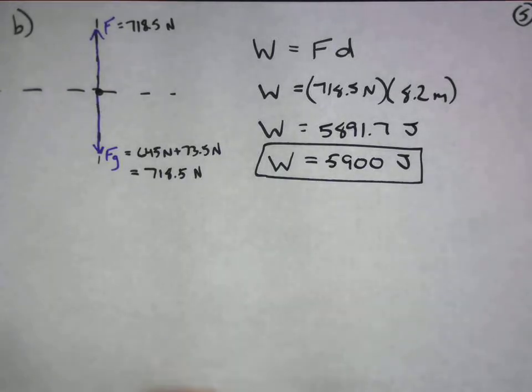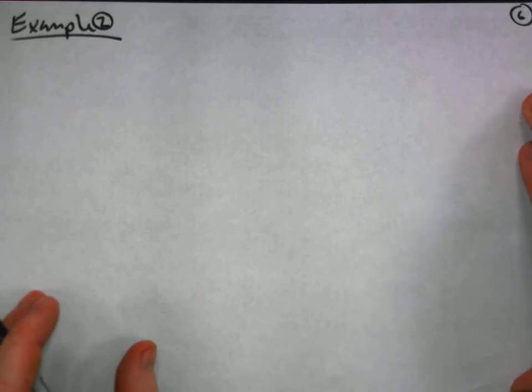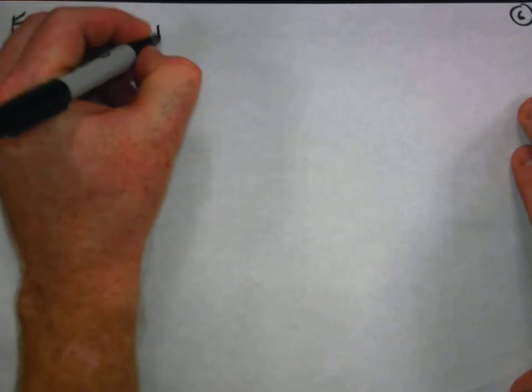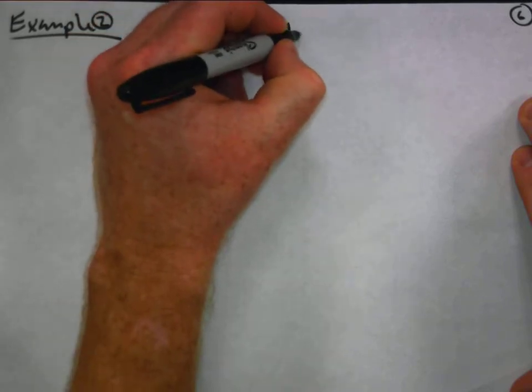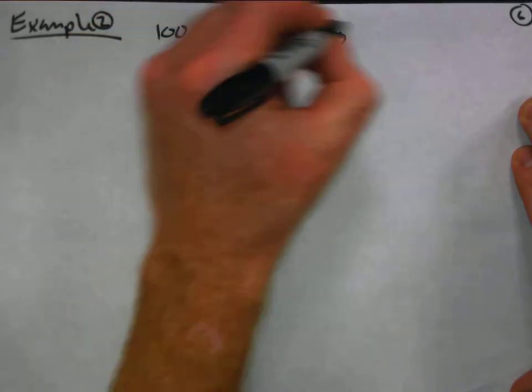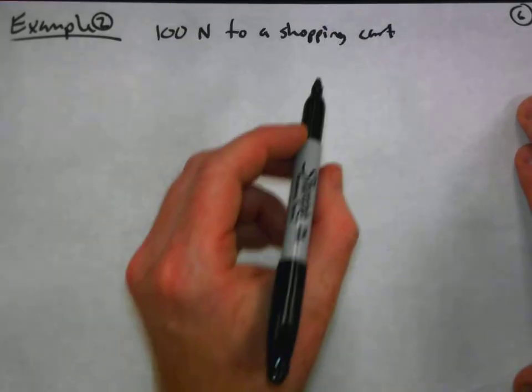Okay, another example. I'll start on a fresh page here, and this example will wrap this up. Example 2. You apply a 100 newton force to a shopping cart that has a mass of 50 kilograms.